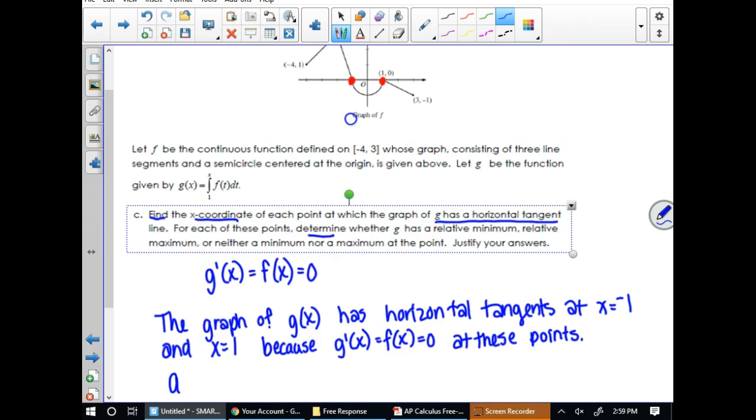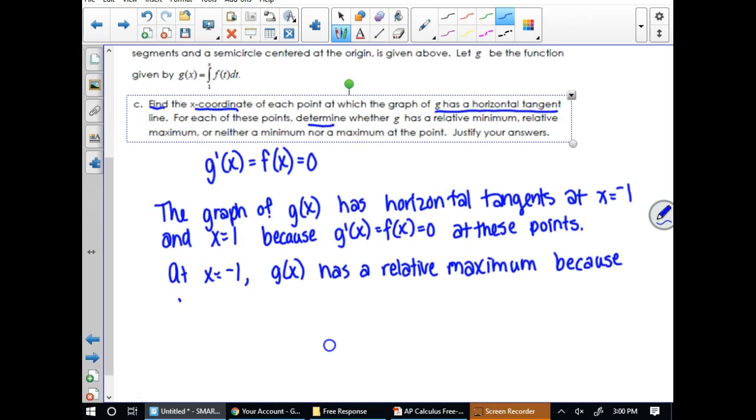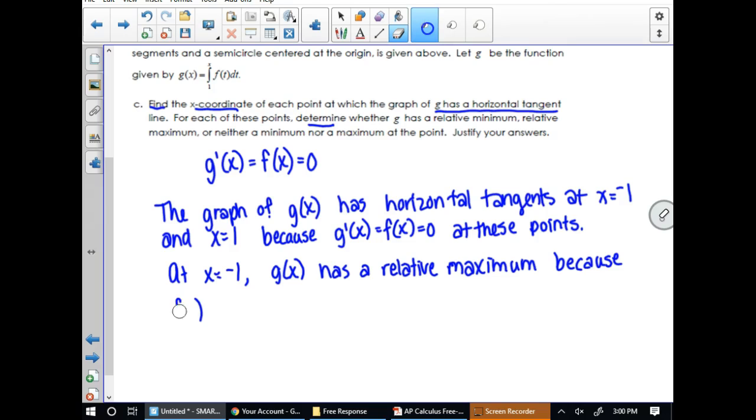So at x equals negative 1, g of x has a relative maximum because f of x, well, let's call it g prime of x.